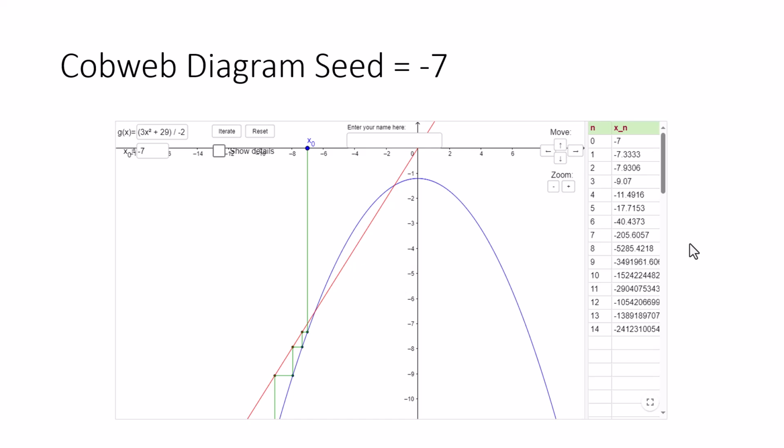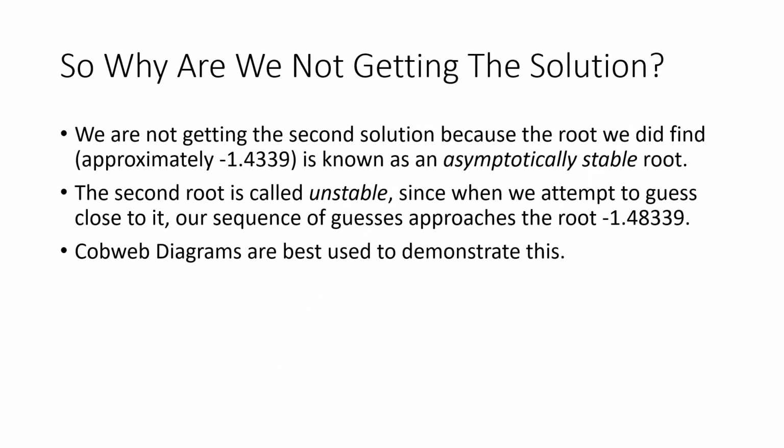And this is why I do not recommend that you use this type of technique when you solve quadratics in precalculus. You have the quadratic formula, use the quadratic formula. So again, we're not getting to that second solution because the second solution is basically unstable. It's what we call an unstable node. The first solution we found, negative 1.483, is known as asymptotically stable.